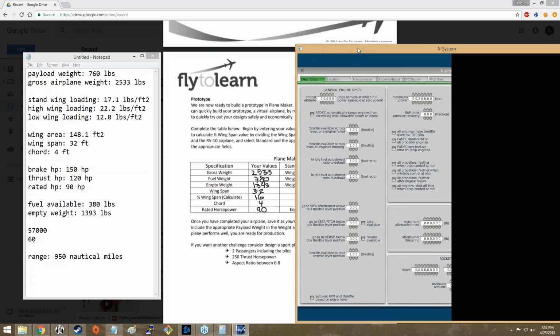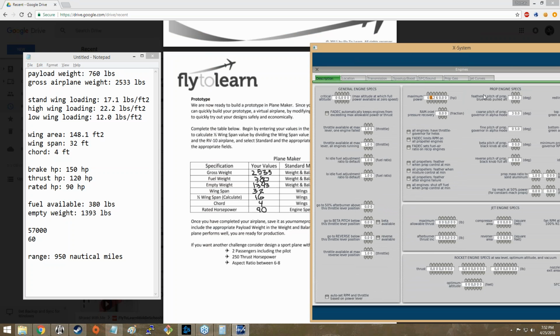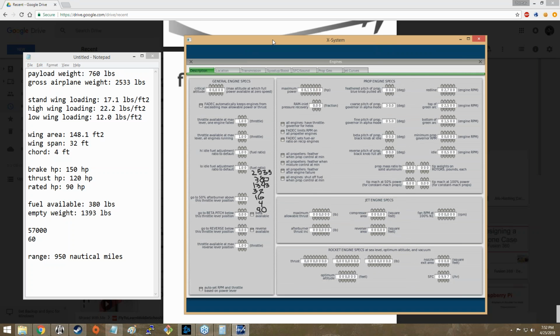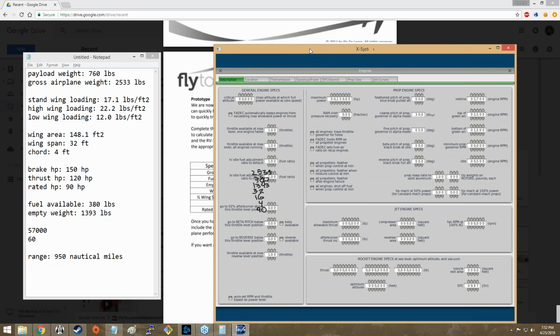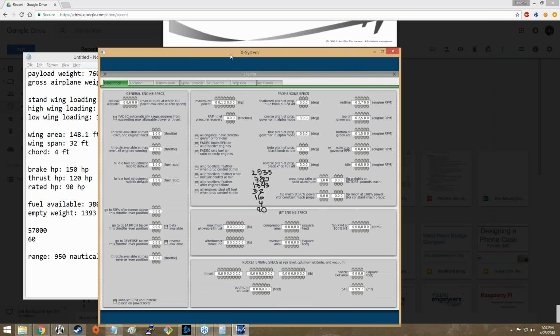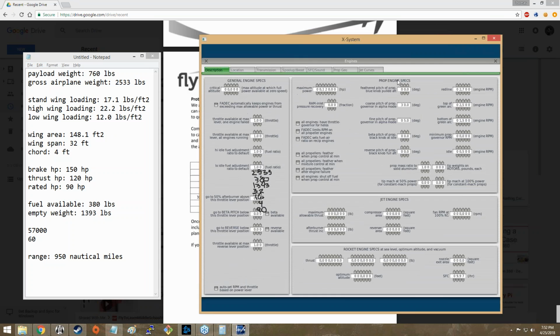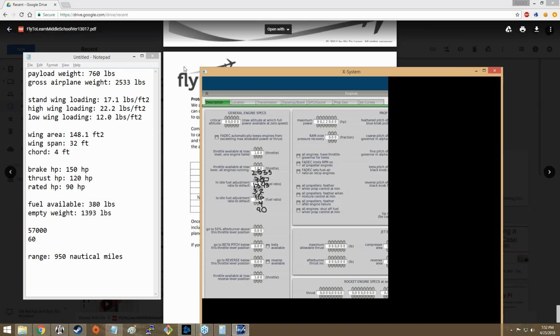Let's put our brake horsepower in the maximum power because that is going to be the maximum power. Actually, our thrust horsepower, excuse me, 120. So we put our thrust horsepower inside maximum power. We should know that if you run the plane at 75%, you'll be able to hit 90 horsepower.